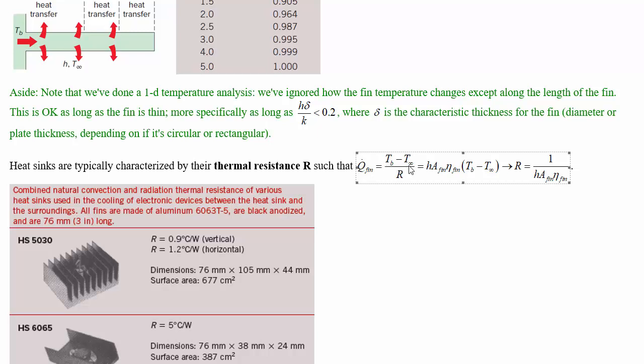Now if we define that divided by the resistance, then you could see how the thermal resistance of a heat sink is related to the efficiency and other parameters that we defined earlier. So heat sinks are kind of combined elements. They're made up of a series of fins distributed over a surface.